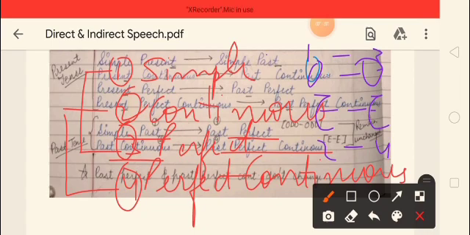See, हमारा फर्स्ट पे क्या था? सिंपल पास्ट था, तो सिंपल पास्ट changes to past perfect. ओके. And हमारा पास्ट कॉन्टिन्यूस changes to past perfect continuous. So this is a simple trick, but you have to remember this sequence. अगर ये sequence आपका गड़बड़ हुआ तो आपके ये जो ट्रिक है वो गलत हो जाएगी. तो आपको ये सीक्वेंस रिमेंबर करना है, याद रखना है, तब you can change from odd to odd and even to even. I hope you will pay attention to this point.